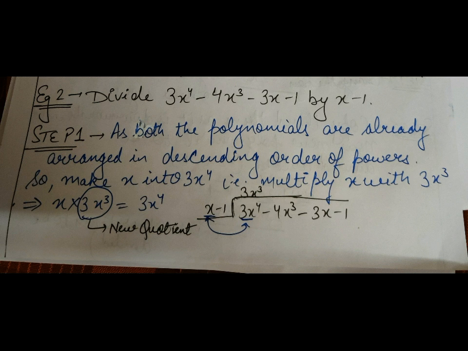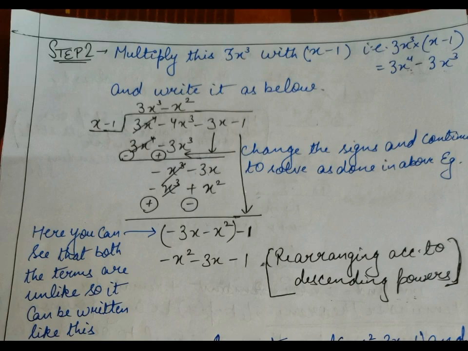That is, we multiply x with 3x cube so that we get 3x to the power 4. So 3x cube will act here as the quotient. In step number 2, multiply this 3x cube with x minus 1, that is, with the whole divisor. You will get 3x to the power 4 minus 3x cube.